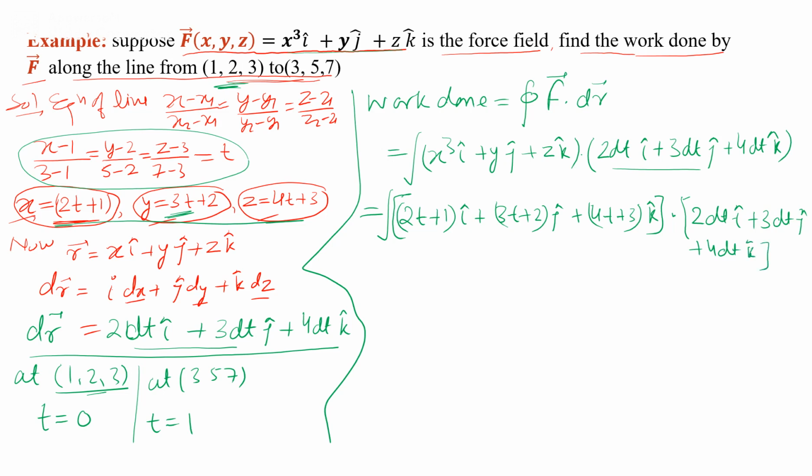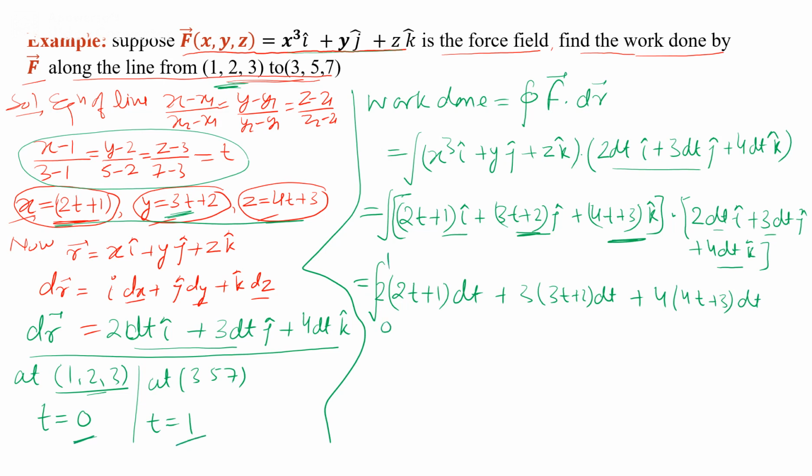Now there is a dot product, so i dot i is 1, so we write the integral of (2t plus 1) cube dt, and j dot j is 1, so 3 times (3t plus 2) dt, and similarly for k we write 4 times (4t plus 3) dt. Now take the limit of t varying from 0 to 1.